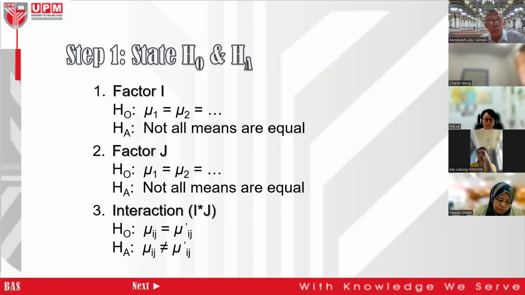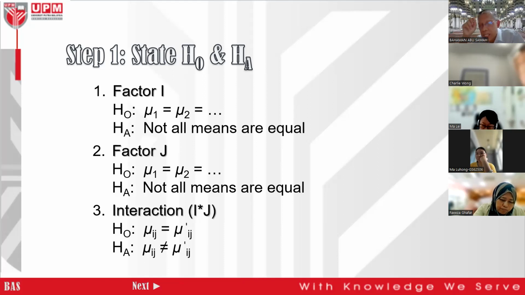For the interaction, we just write H0, mu ij equal mu ij prime for the null hypothesis. For the alternative hypothesis, we just need to write mu ij not equal to mu ij prime. The mu ij equal to mu ij prime means there is no significant interaction effect.